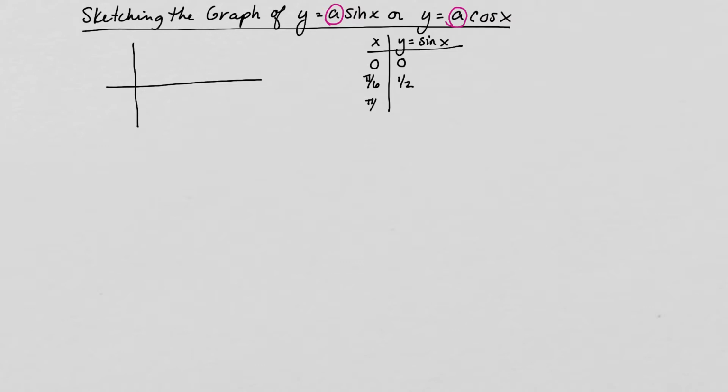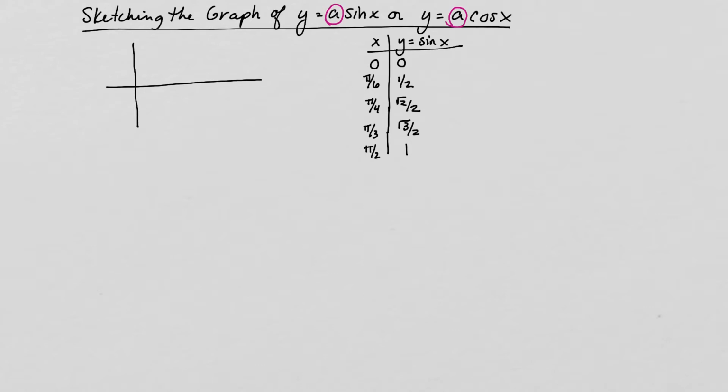When x is pi over 4, the sine is root 2 over 2. When x is pi over 3, the sine is root 3 over 2. And when x is pi over 2, the sine is 1. So that takes us through the first quadrant, and then we keep going.